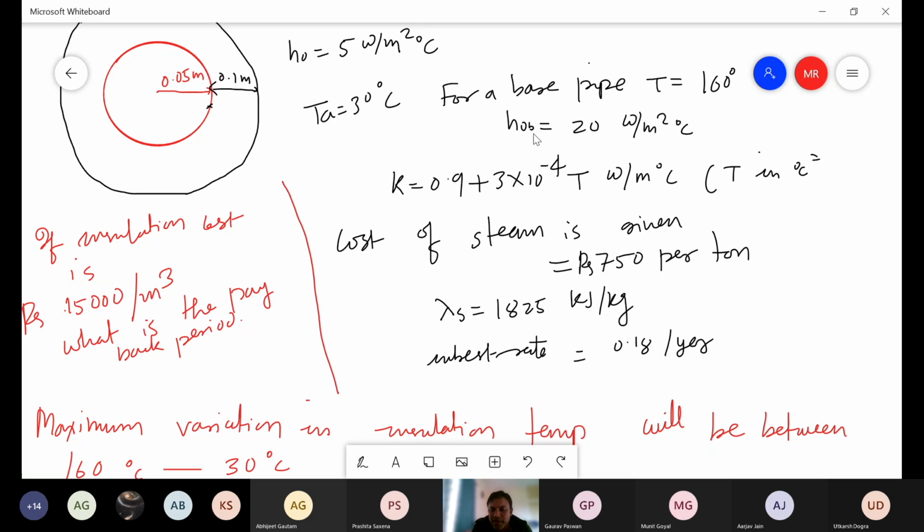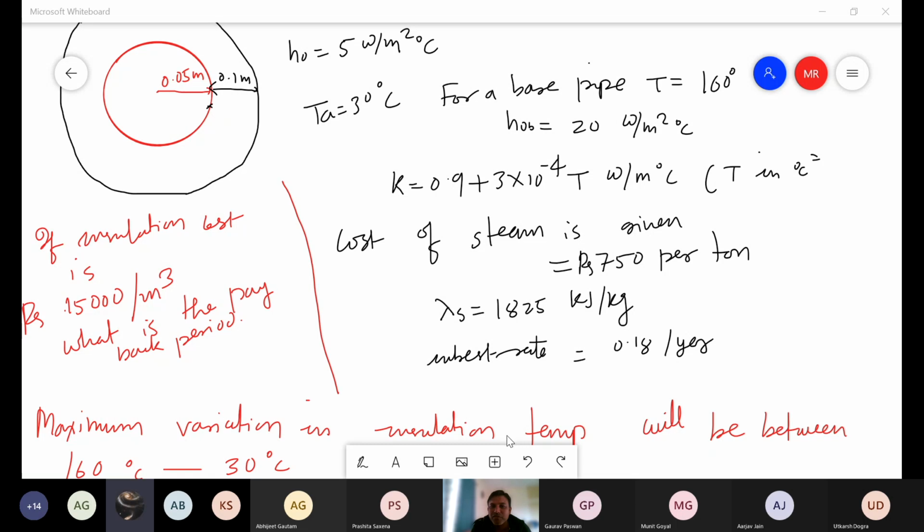So whenever I am having the insulated pipe, I need to use capital U, whereas for a bare pipe, I only need to use H naught B. Do you all agree? That is what I said in the last class. Is it clear or not clear?